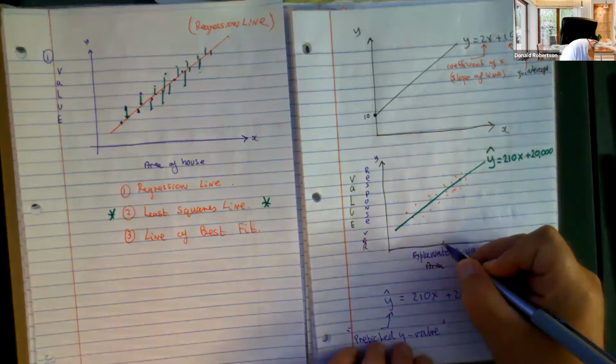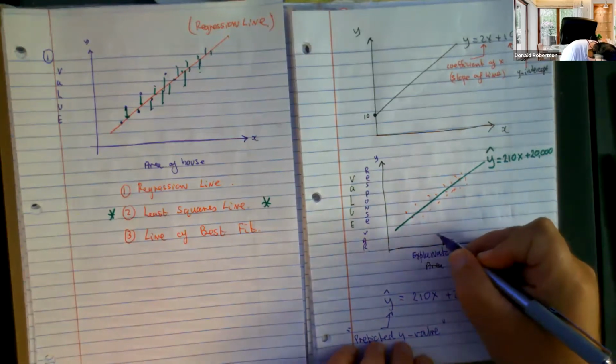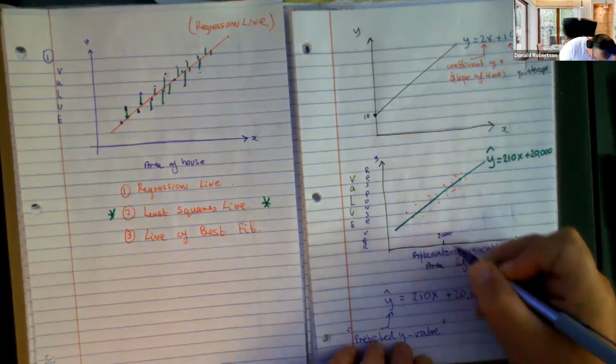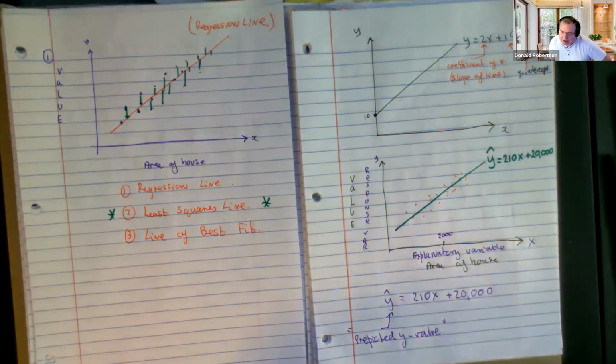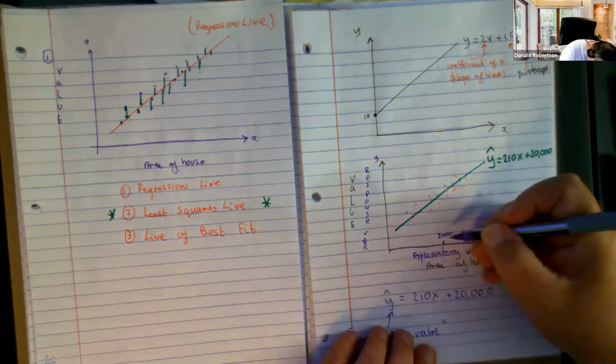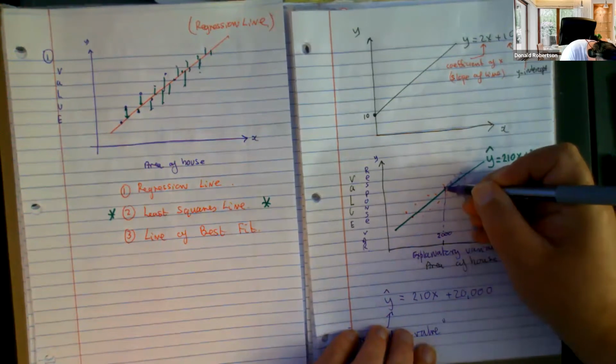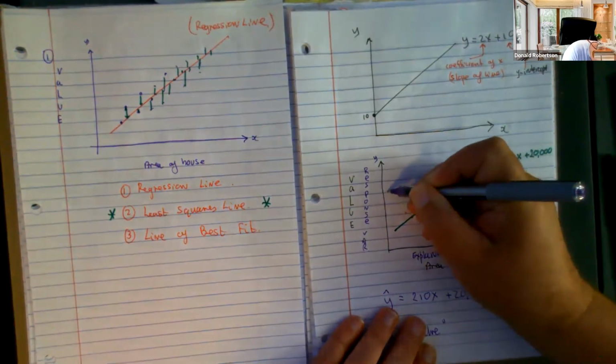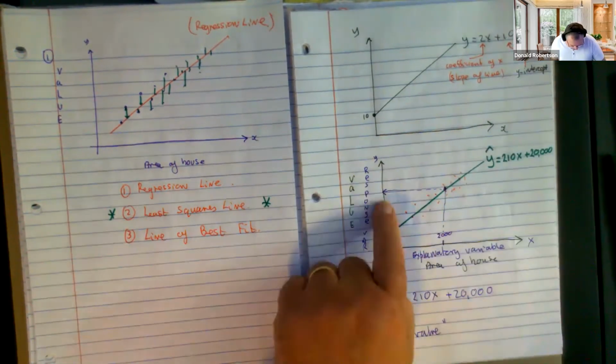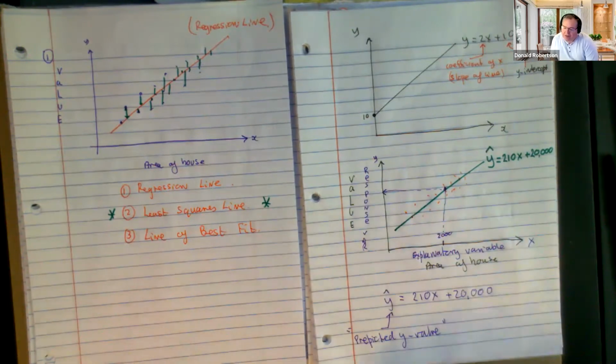So somebody went and said, yeah, you know, I've got a house and it's 2,000 square feet. How much do you think I could sell my house for? Well, if you go up there and you get to there and you read off that number there on the y-axis, that is the predicted value that you sell your house for.